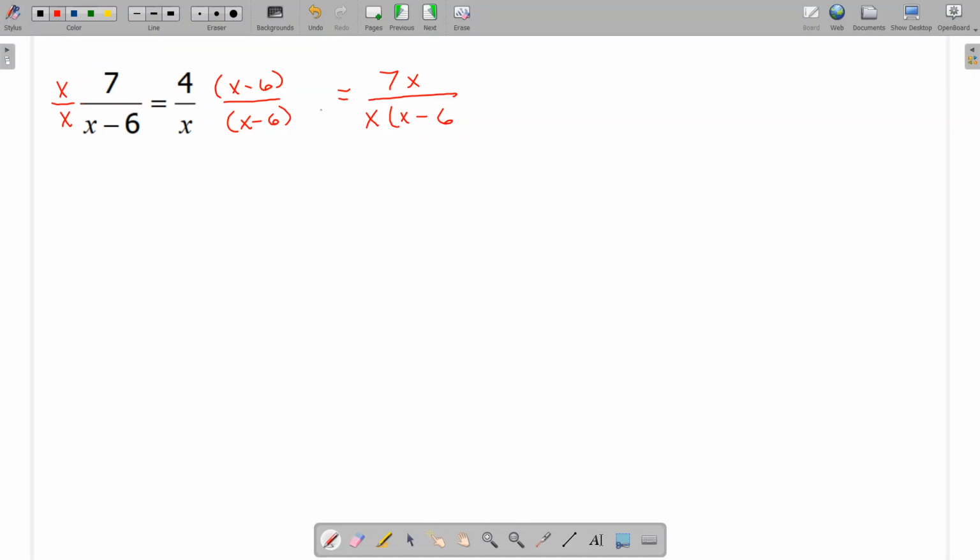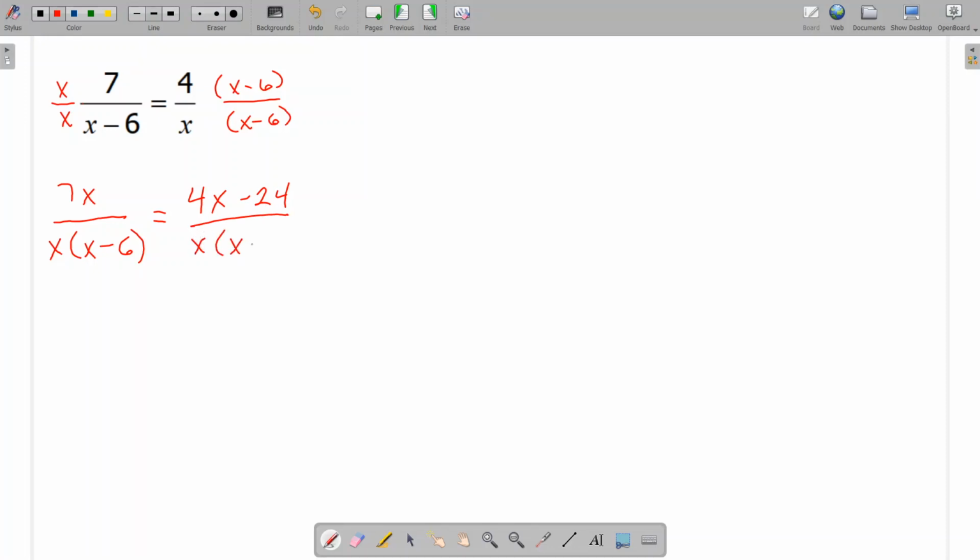I'm going to write this a little differently: 7x over x times x minus 6, and that would be equal to 4x minus 24 over that same denominator of x times x minus 6.